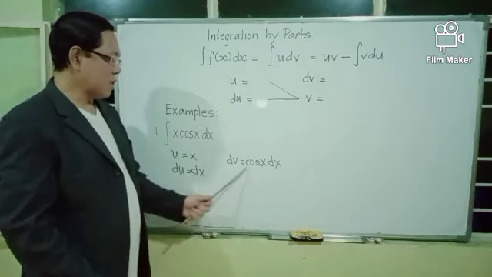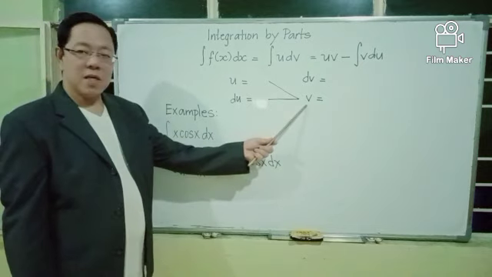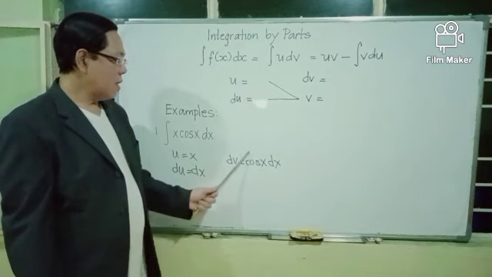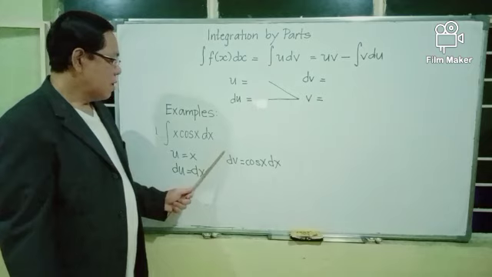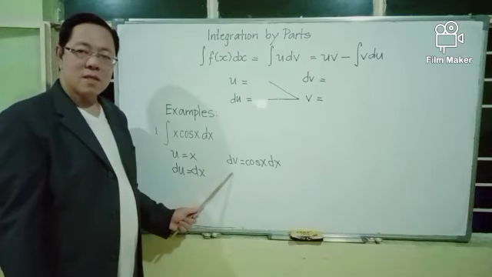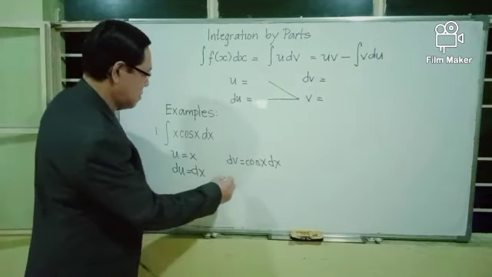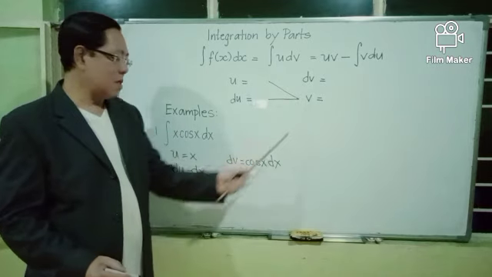Our dv is cosine x dx. Now, to get v here, we integrate the left-hand side with respect to v, and integrate the right-hand side with respect to x. The integral of dv is v, it's always v.